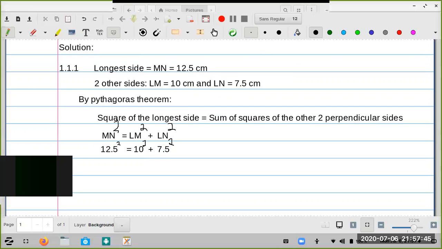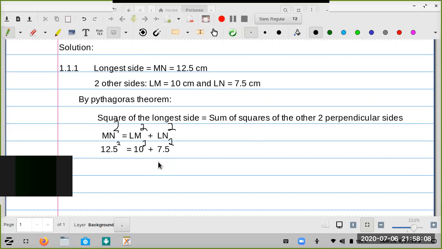If it doesn't satisfy Pythagoras theorem, then it's not a right angled triangle. So whatever we have on the left hand side must be equal to what we have on the right hand side.